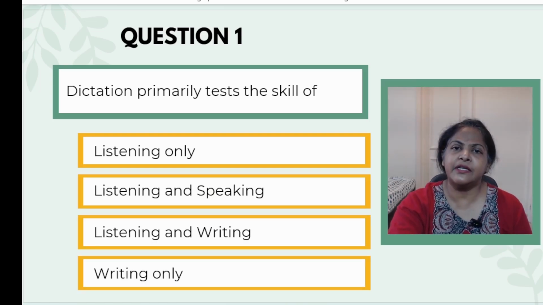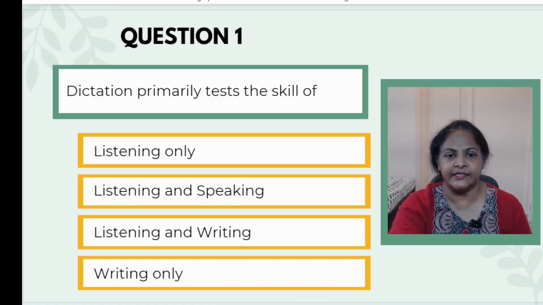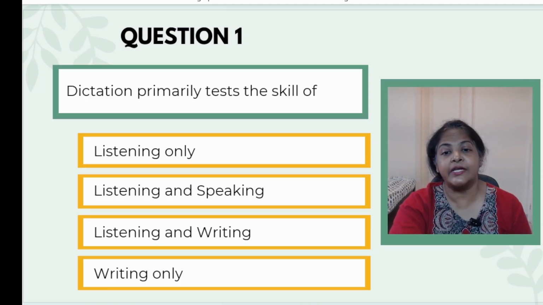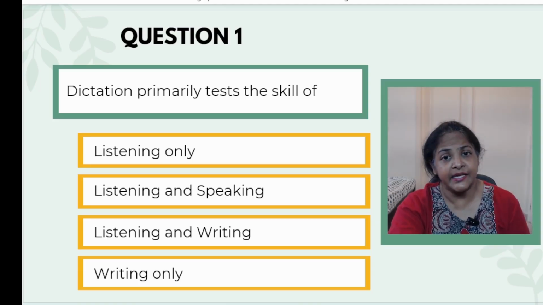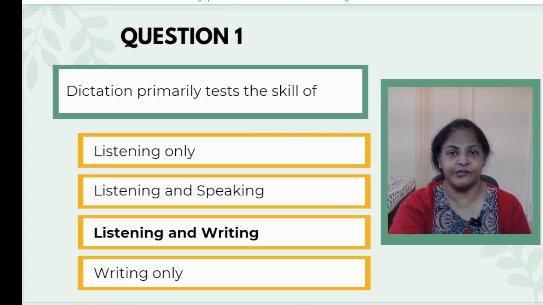Now we'll immediately eliminate any option which is not focusing on listening. Writing only is a wrong option, and listening only is also very narrow. So now we need to focus on whether it's listening and speaking or listening and writing. That leaves us with the best pedagogical option, which is listening and writing.